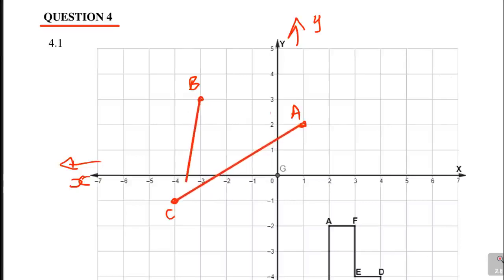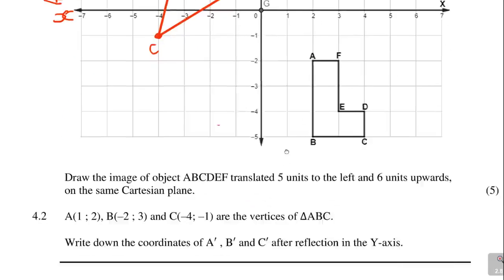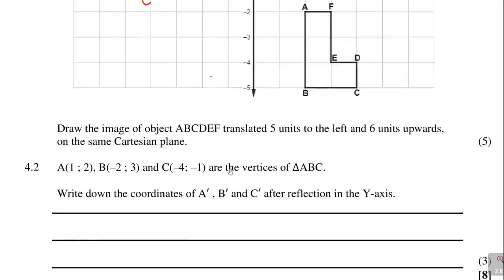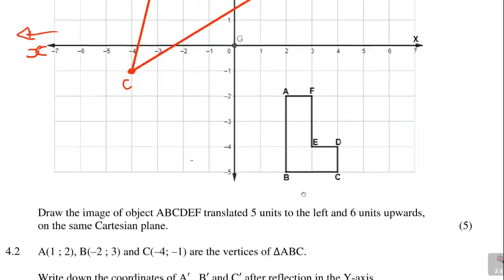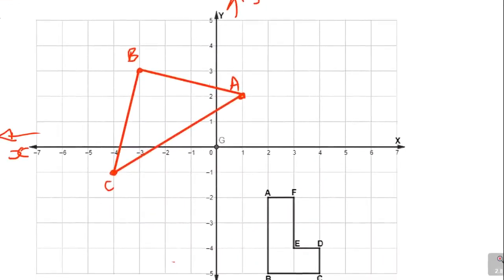You see that? I'm just borrowing this. You didn't need to do this. I just want to show you how it will look. And then they are saying here, write down the coordinates of A, B, C reflected in the y-axis. Now, if you are reflecting along the y-axis, these are the y-axis that they're talking about.